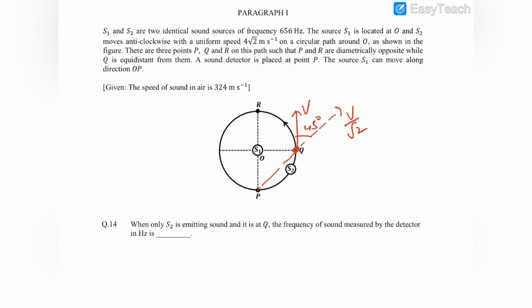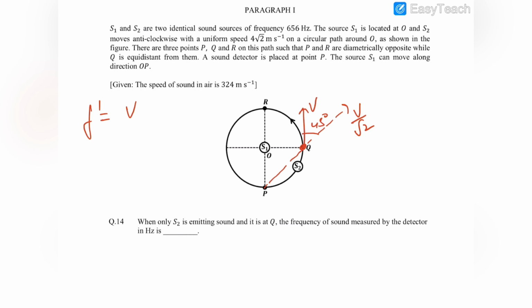So we can say that this is the detector and the source is moving away from the detector, so the frequency observed would be V of sound divided by V of sound minus V of source. Minus would be used when the source is coming towards the detector, but in this case the source is moving away, so it would be plus V by √2, and this V is V0, or we can say V of S1 or S2.